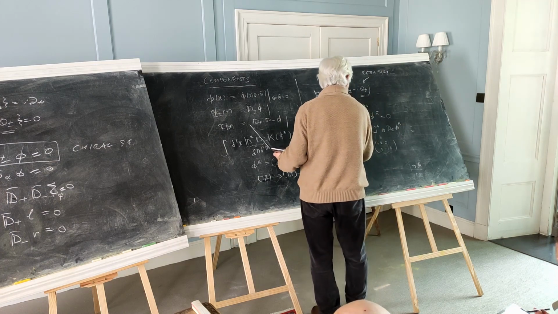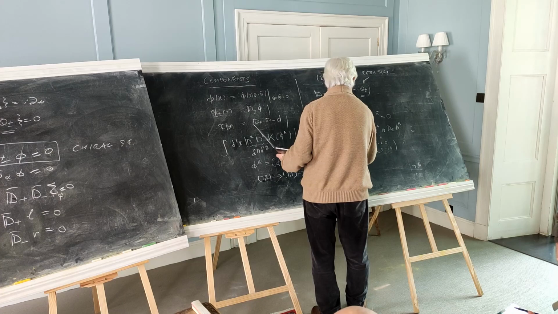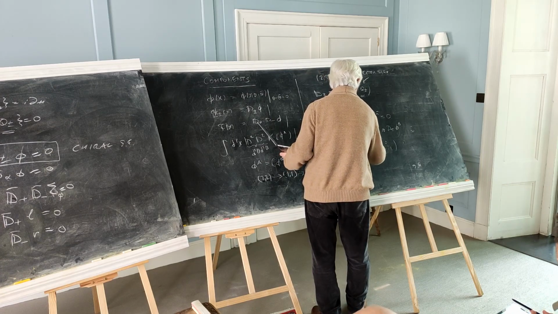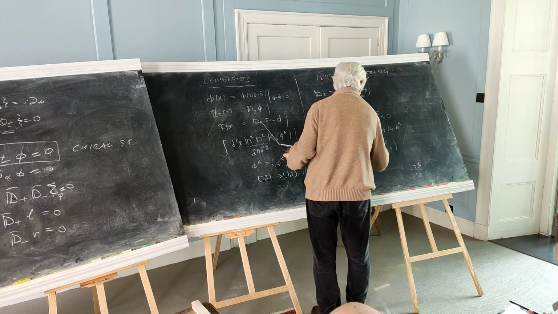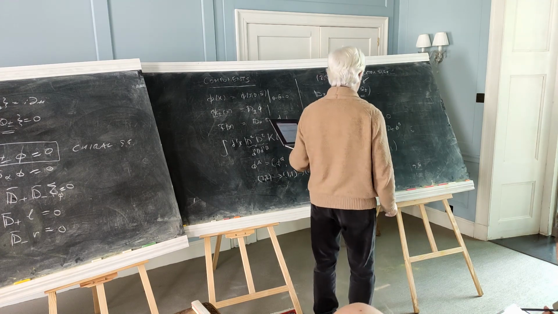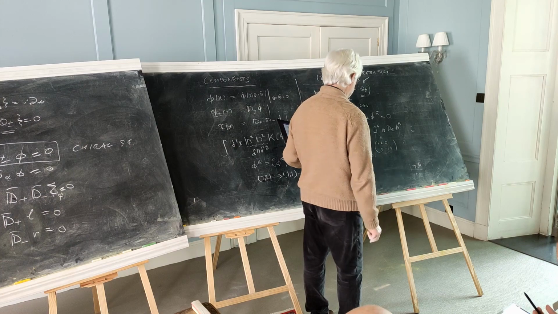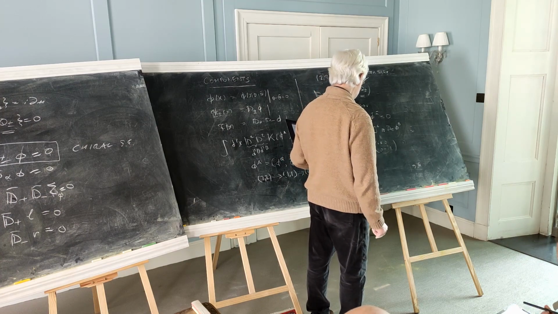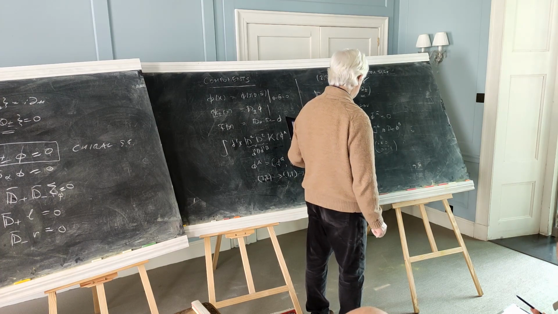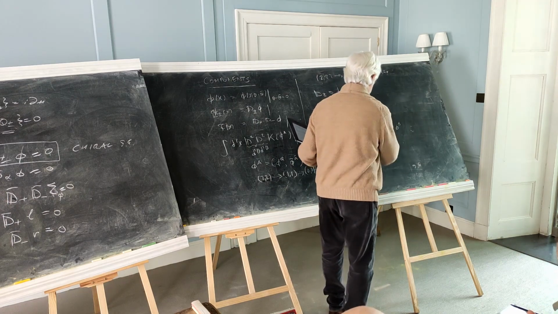So this is a complex structure in canonical coordinates. Which is a hint, because it means that the phi's are the canonical coordinates for this complex structure.